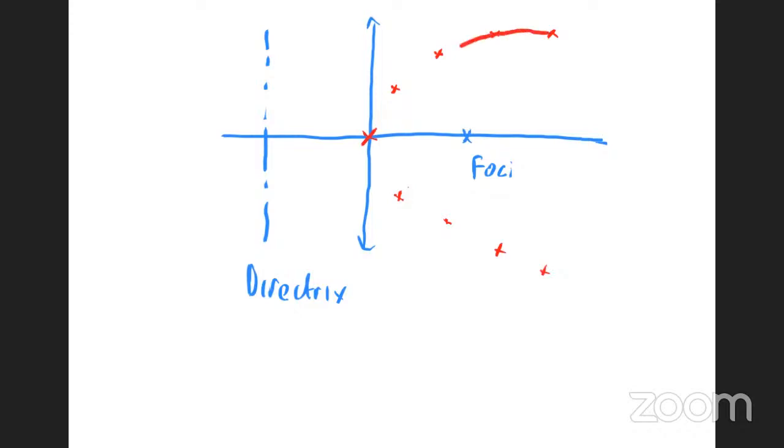Not perfectly to scale, but it will look something like this, and that shape is your parabola. Every single point on that curve is the same distance from the focus and the directrix.